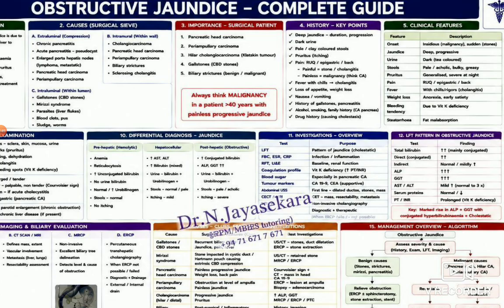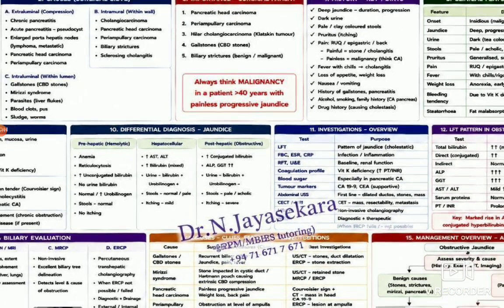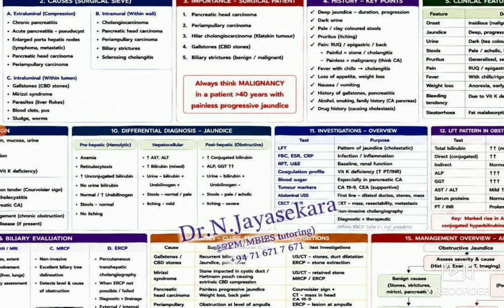The biliary tree dilates slowly over time. So jaundice becomes progressive and often painless. Therefore, a patient above 40 years with painless progressive jaundice must be considered malignant until proven otherwise.